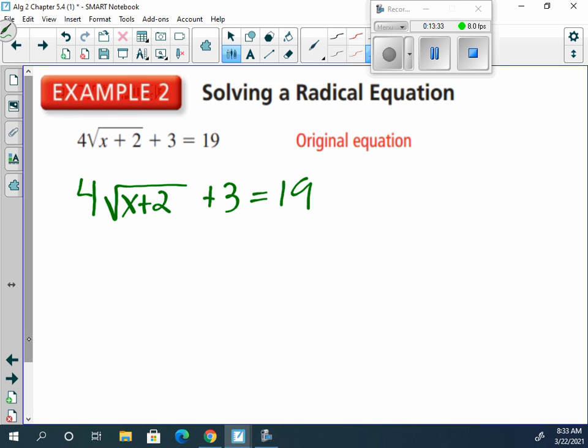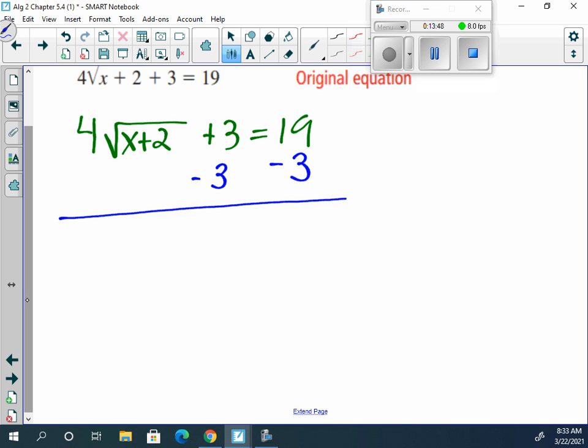So would it be easier to move the 4 or the 3 first? 3. By subtracting 3 from both sides. Because that will leave us with 4 times the square root of x plus 2 is equal to 16. So we subtracted it, we moved it over.